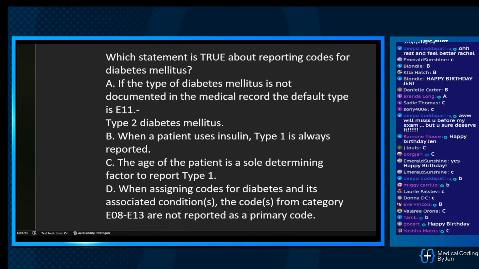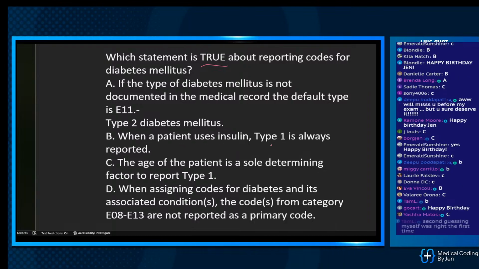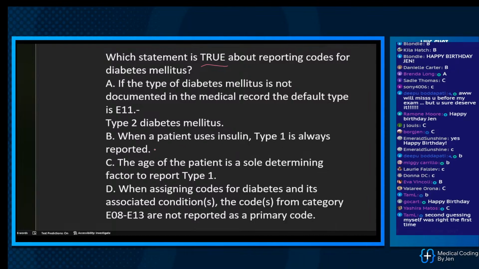Another guideline question. Which statement is true? So we're looking for a correct answer about reporting codes for diabetes. Which one's correct? If the type of diabetes is not documented in the medical record, we default to E11. When a patient uses insulin, type 1 is always reported.